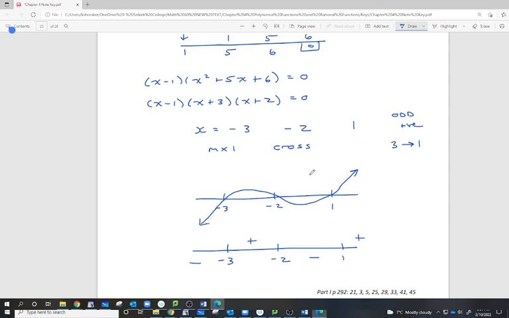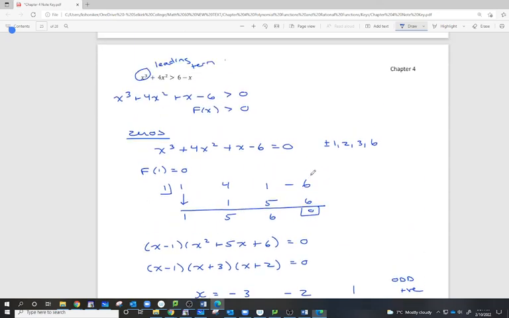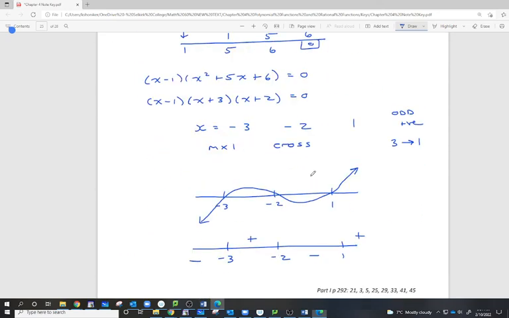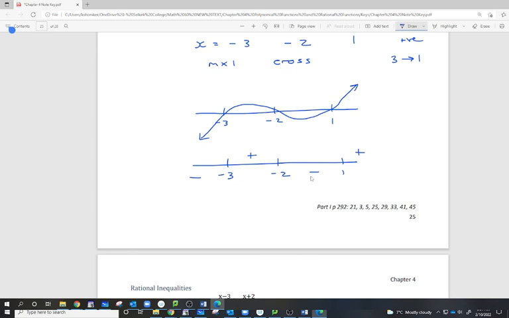Then I want to answer the question. They wanted to know, where is this function of x greater than 0? So it is greater than 0 from -3 to -2, or 1 to infinity. All right, so that's the first part. So the first part is solving polynomial inequalities, and good luck.